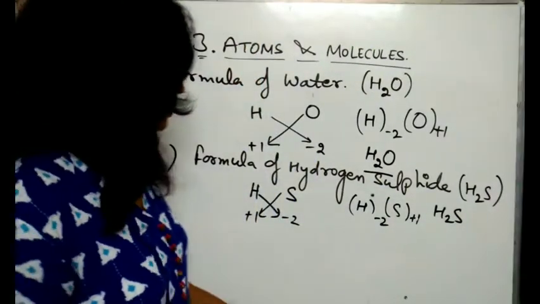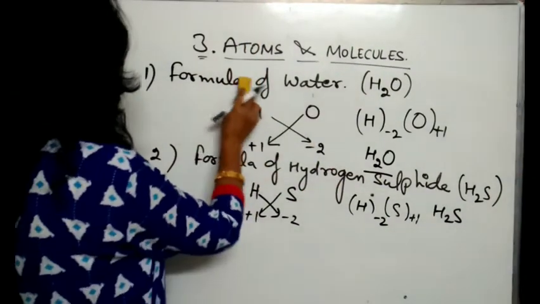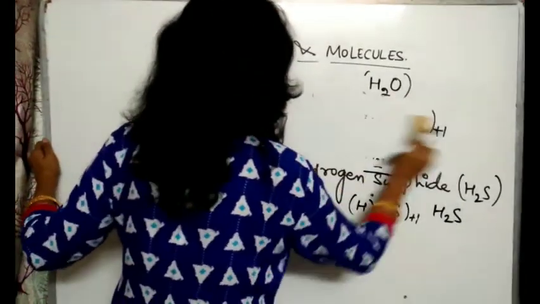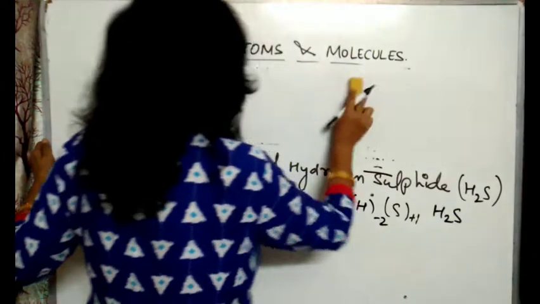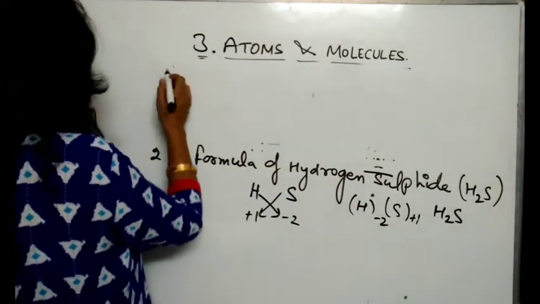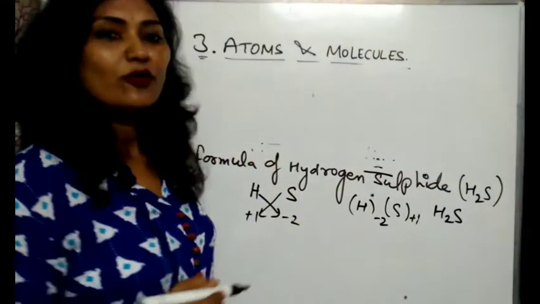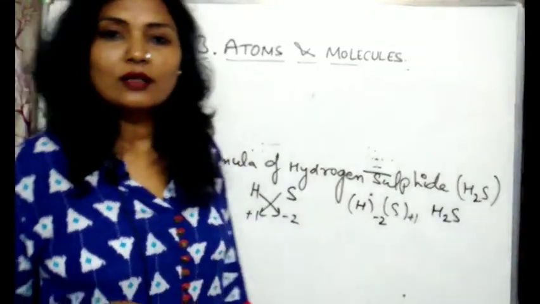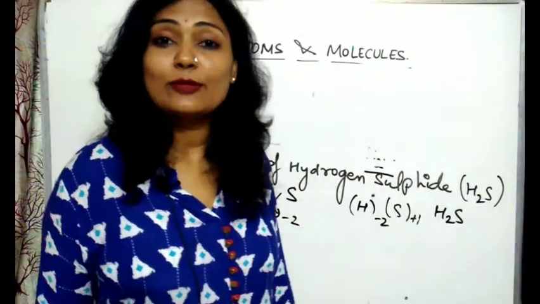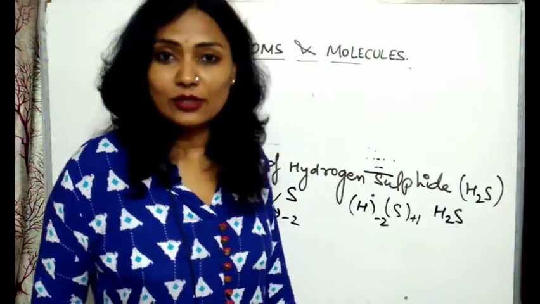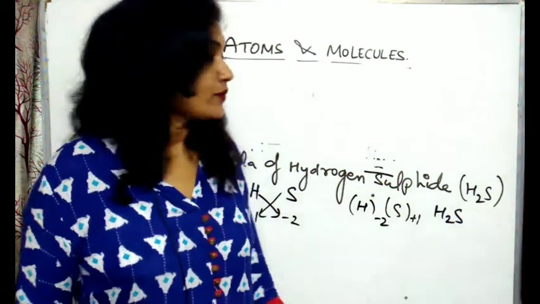So H2S is the formula of hydrogen sulfide. Now we can take the next formula, the formula of ammonia. The chemical formula of a molecular compound mainly represents the actual number of atoms of each element present in that compound.